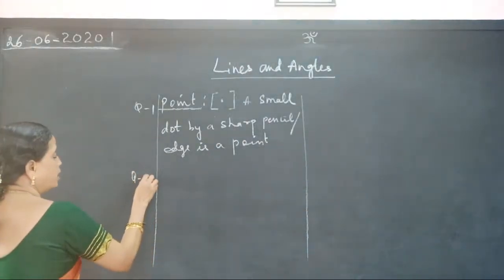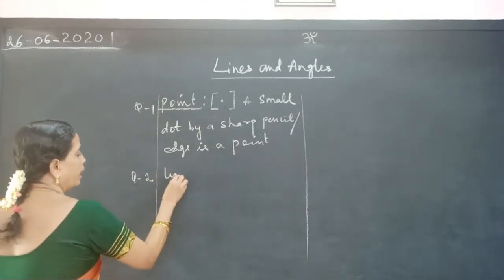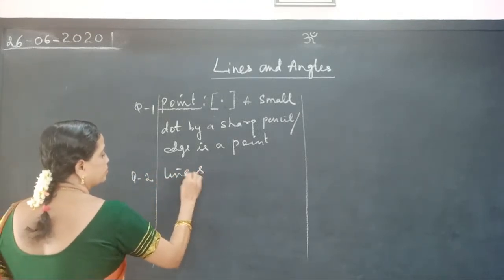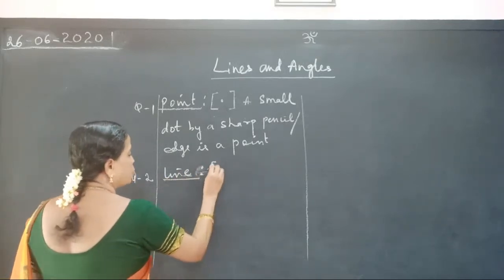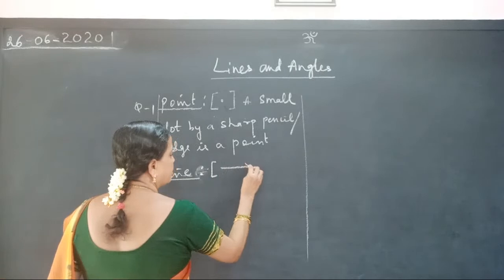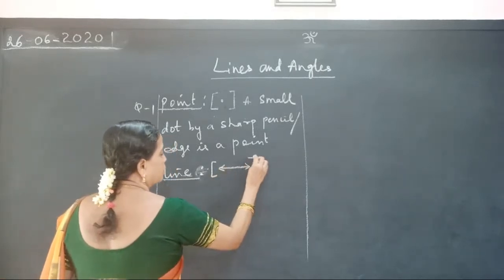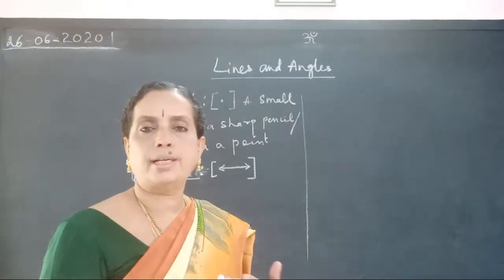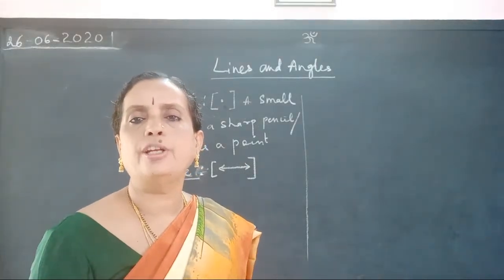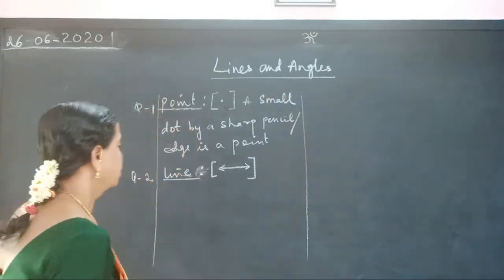Definition 2: Line. So we represent a line like this. Symbolically we represent a line, it is extended infinitely in both directions.